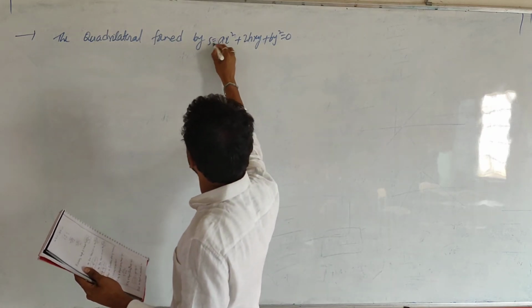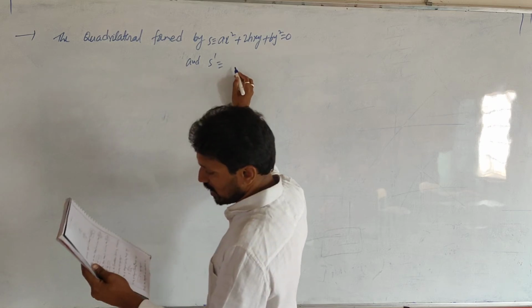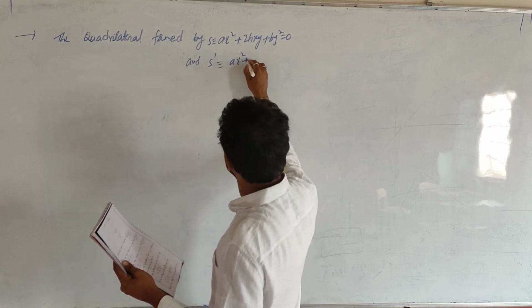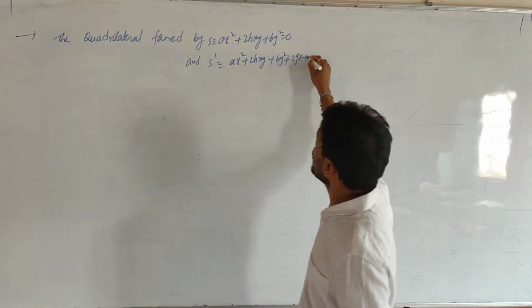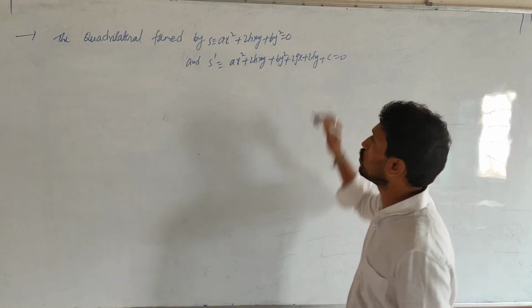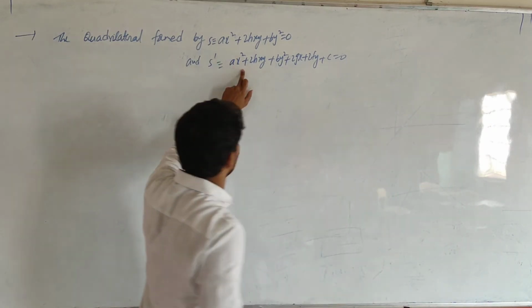Let us take this as S, and S dash is another pair of straight lines: ax square plus 2hxy plus by square plus 2gx plus 2fy plus c is equal to 0. First I would say about these two pair of straight lines.